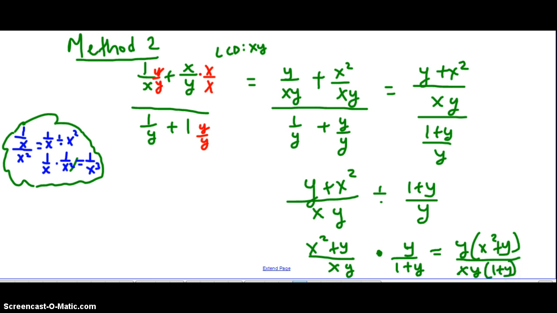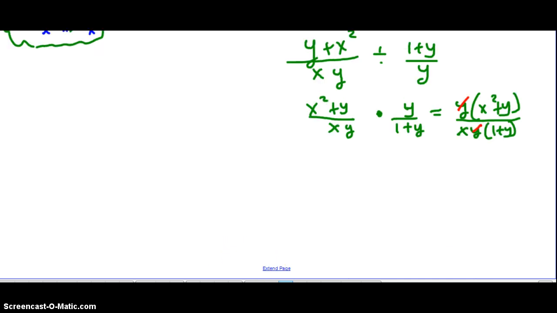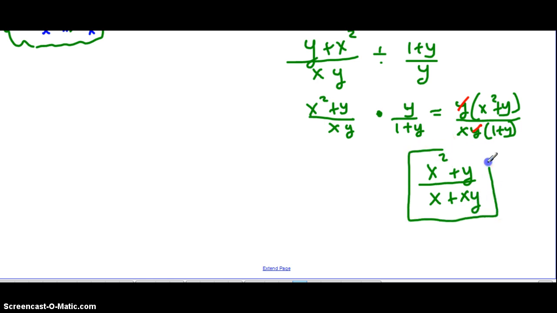And then you can easily see how you could cancel this y with the y in the denominator. Okay. So here our final answer would be x squared plus y, over x times 1 plus y. We can multiply that through, or we could leave it in the factored form. So two different methods to get the same answer.